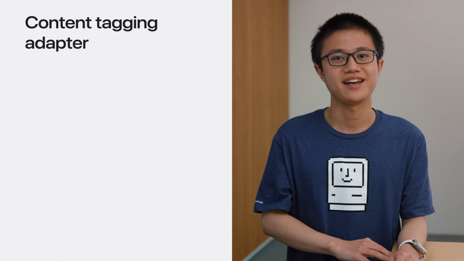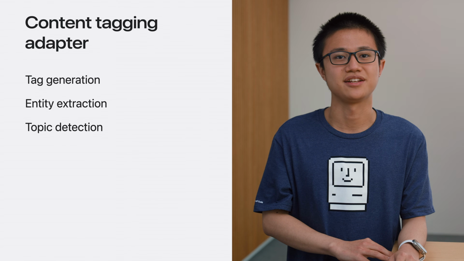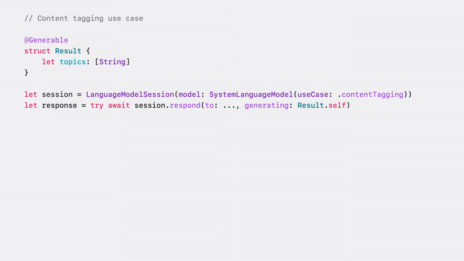The Content Tagging Adapter provides first-class support for tag generation, entity extraction, and topic detection. By default, the adapter is trained to output topic tags, and it integrates with guided generation out of the box. So you can simply define a struct with our generable macro and pass the user input to extract topics from it.